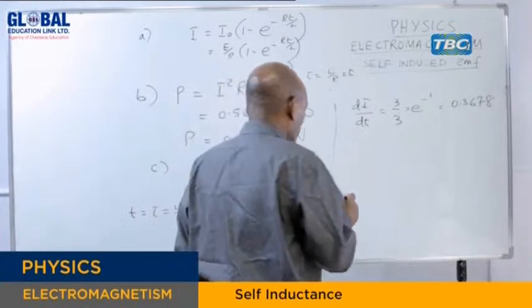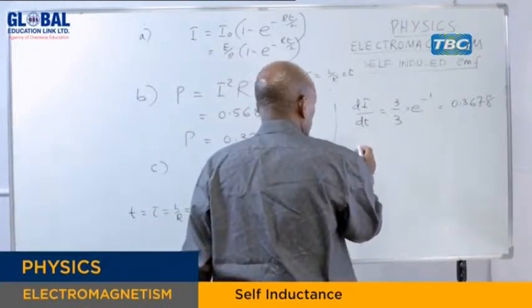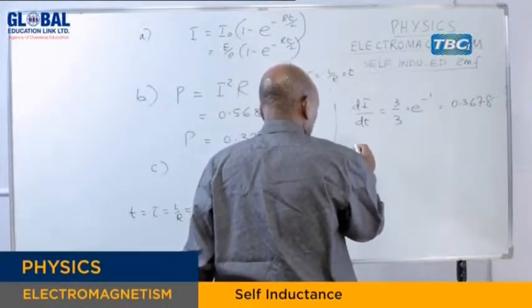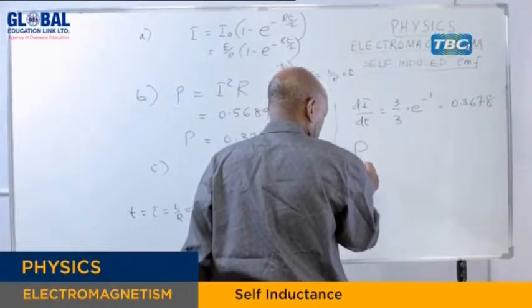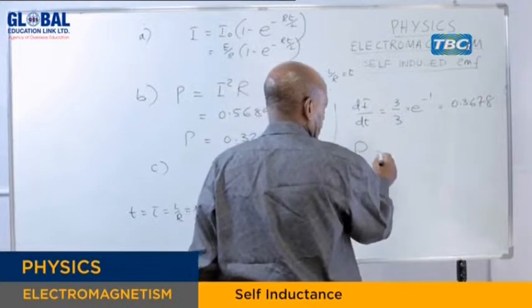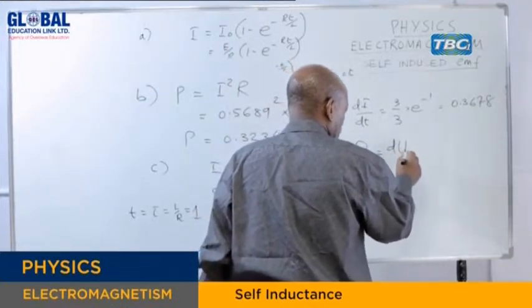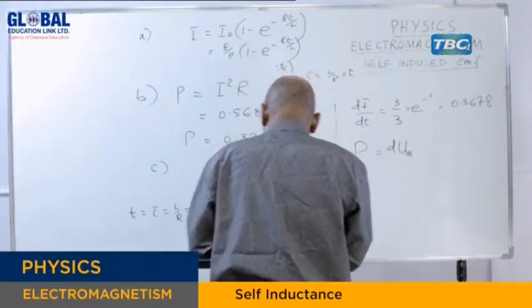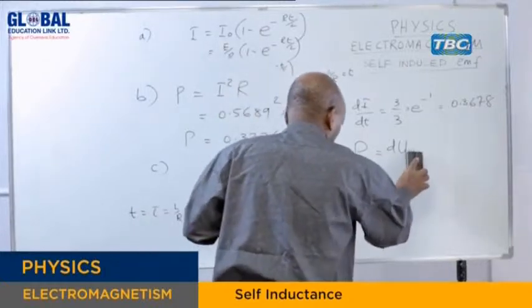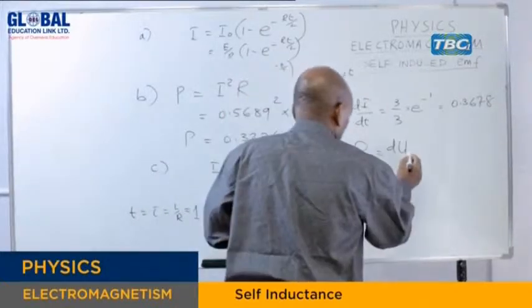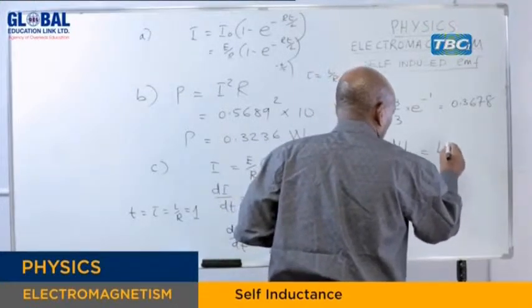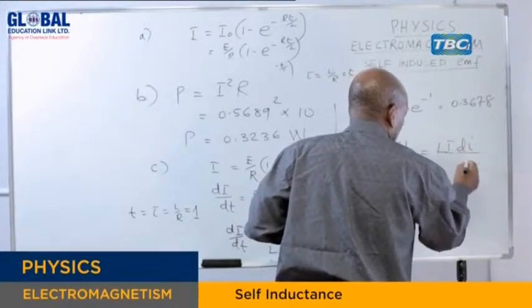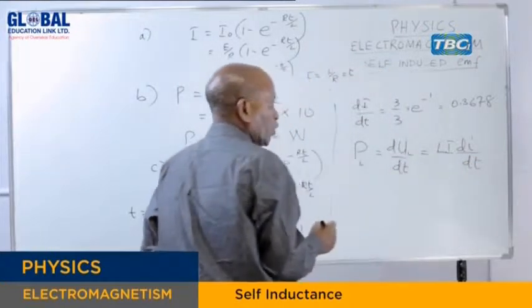First of all, we need to know the energy stored in that particular inductor. Let me call it U sub L, and dU sub L dt is actually equal to Li di dt, and we can obtain this.